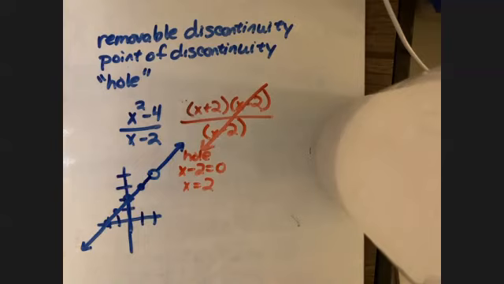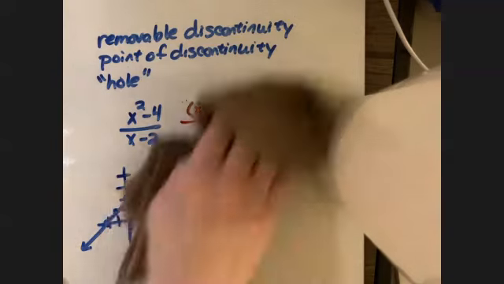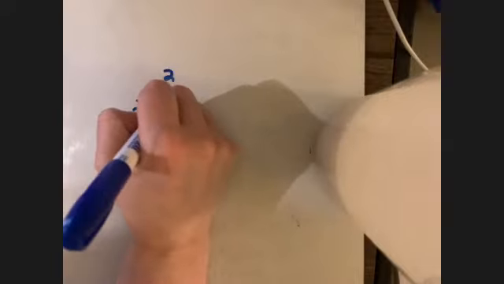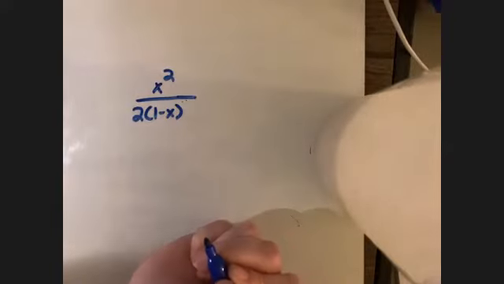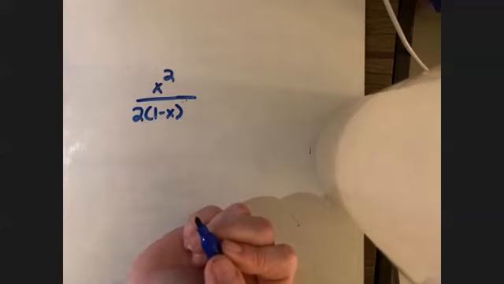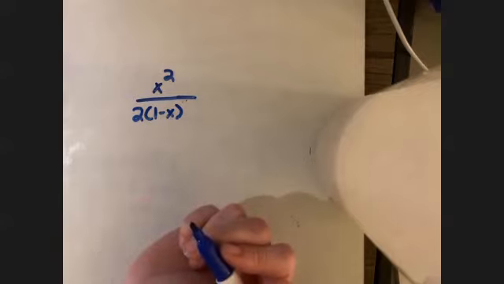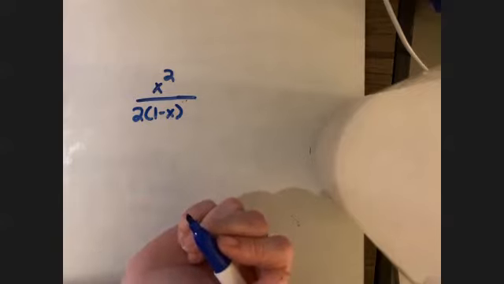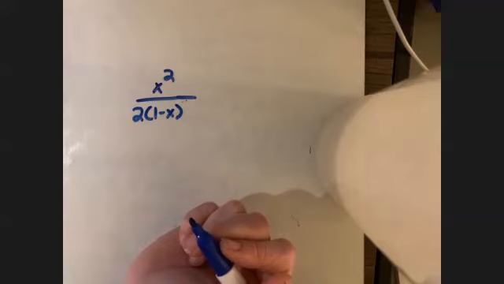Now, the last thing that we've got to discuss in this is the application stuff. So they give us an equation, x squared over 2 times 1 minus x. This gives us what's called the average number of vehicles waiting in line to enter a ramp at like a parking garage, where x represents our traffic intensity.